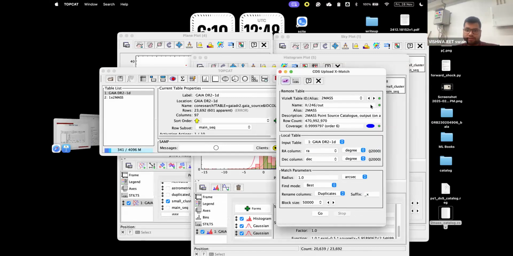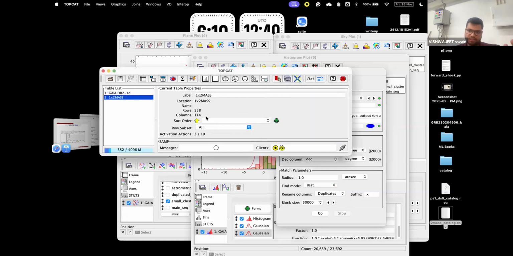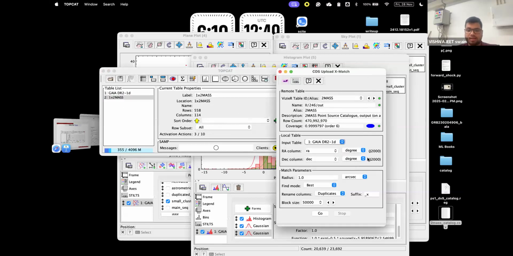Here you have to select which catalog you want to match, and then select your main catalog with respect to which you want to match. Here I have the main catalog, this one, and this second table is the cross-match one from 2MASS.